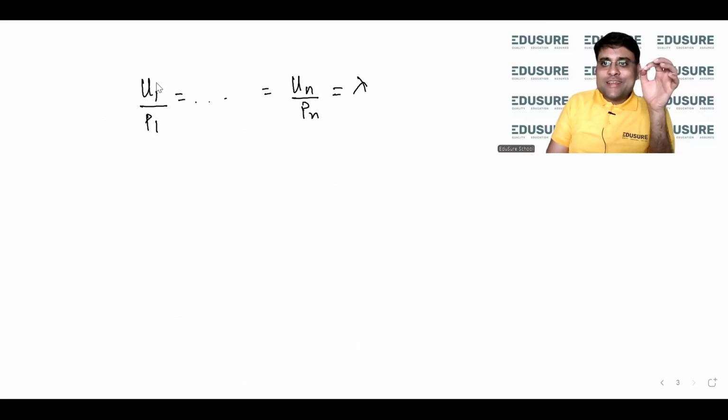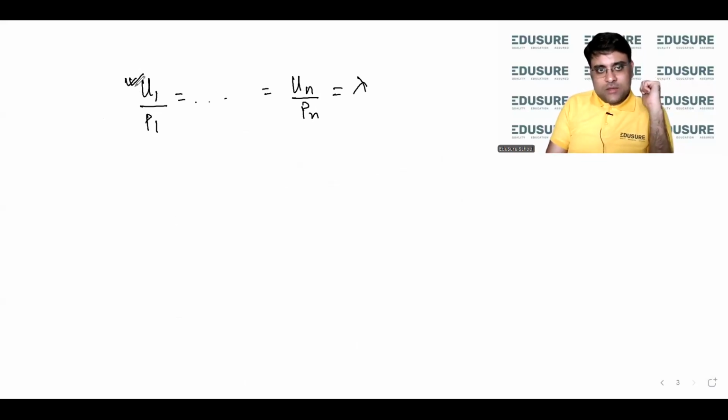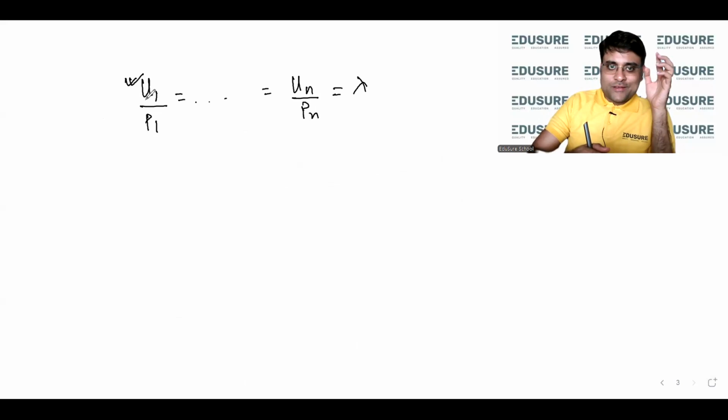So the utility that the consumer gets by consuming one extra unit of x1, is this my u1? So the utility that I get by consuming more of x1 divided by the price. So what does this give me?